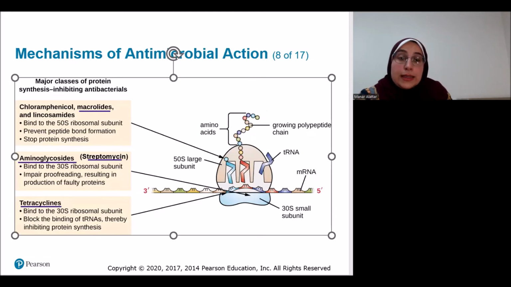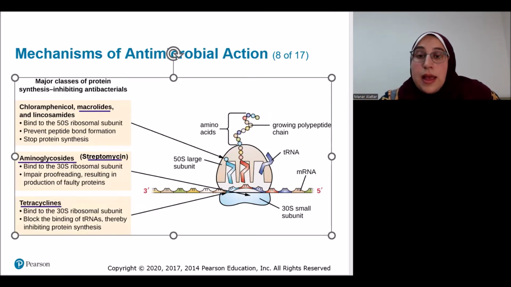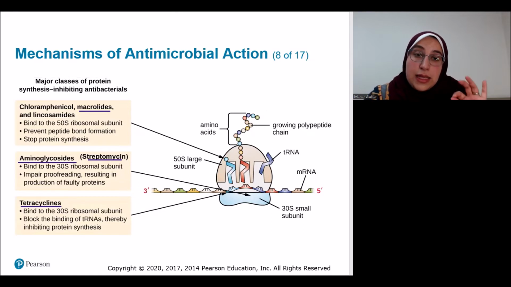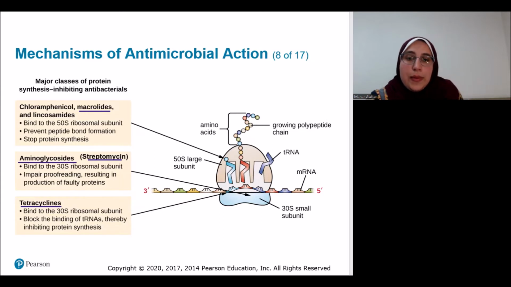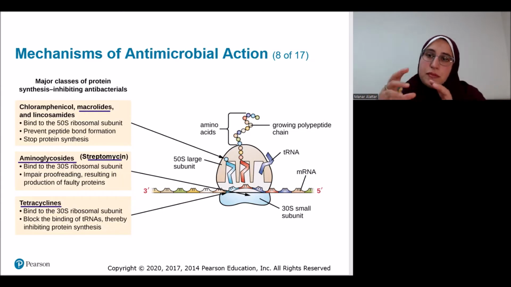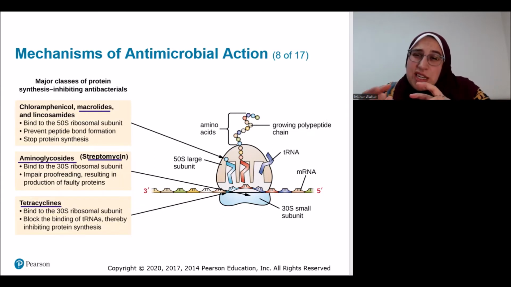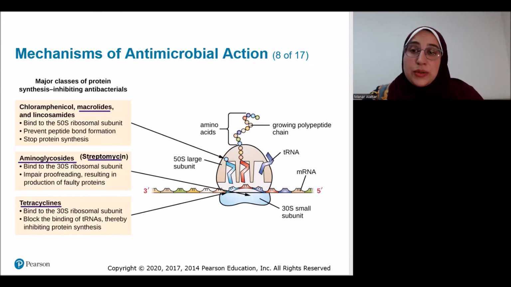Then you have aminoglycosides like streptomycin, and these aminoglycosides, as well as tetracyclines, impact the smaller subunit of the ribosome. For aminoglycosides, what happens is it binds to the 30S subunit and changes its shape just a little bit, so it impairs the reading of the codons, and it messes with the protein formation thereafter.